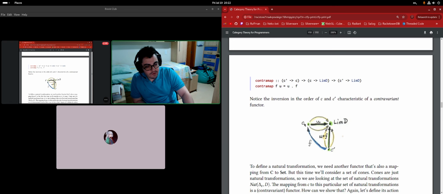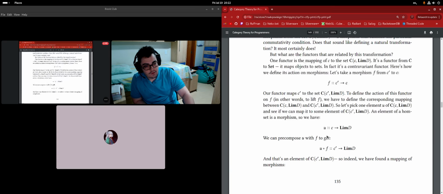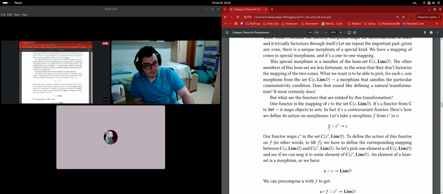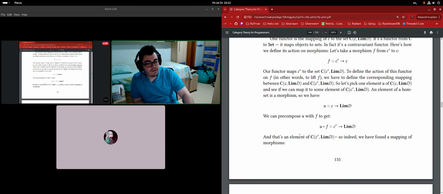Because the diagram from the first one is also doing that. See, one functor is the mapping of C. Oh, C is actually a parameter. It's abstract. It's a type variable. I think now we are correct.